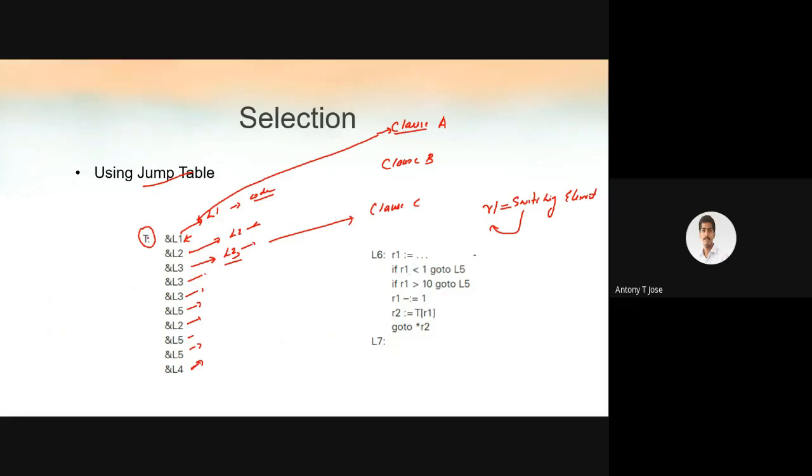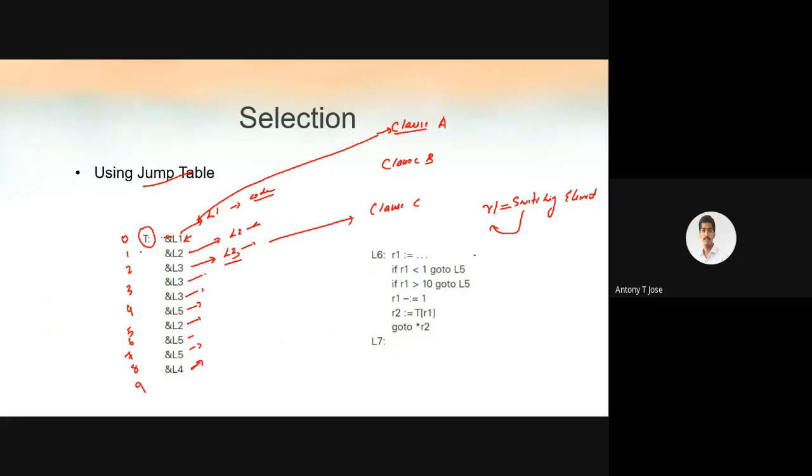Now look, R1 has the value of the switching element, and this is T, a table. The table will have indices 0 to 9: 0, 1, 2, 3, 4, 5, 6, 7, 8, 9.